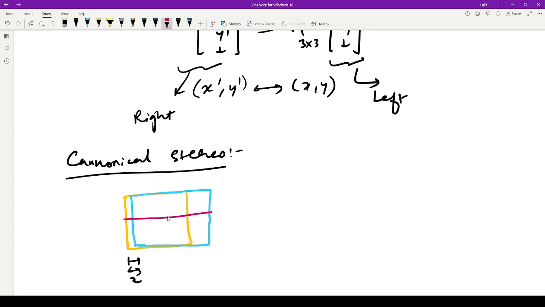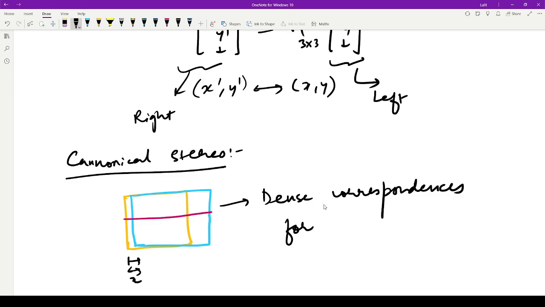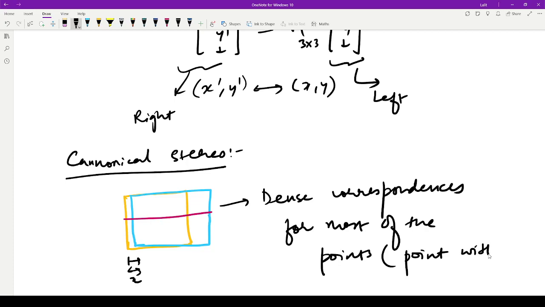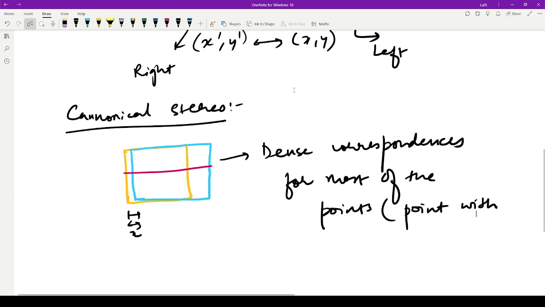If you fix the yellow image, you only search on the same row in the blue image. So there you can get dense correspondences. For canonical stereo, you can get dense correspondences for all. I would not say for all, but for most of the points. Most of the points means points having texture, points within a textured region.